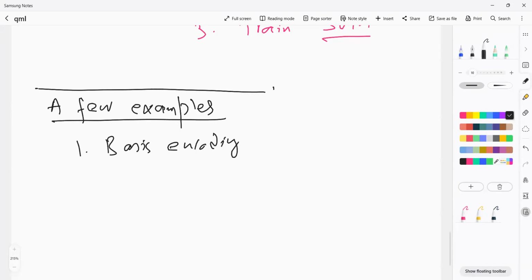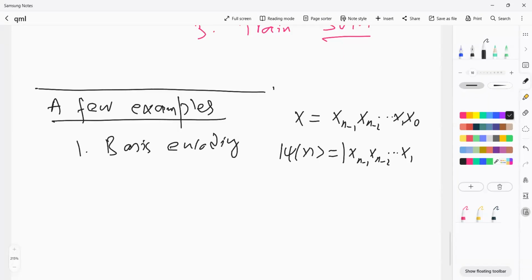Basis encoding, if you remember, encodes X as some binary number, so our state psi of X is just this binary state.